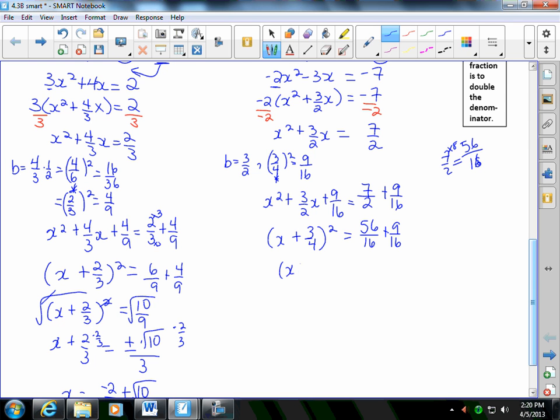So I have x plus 3/4 all squared is equal to 65 over 16. Now I'm at the square root property step. Square root my left side, square root my right side, square root cancel. So x plus 3 over 4 is equal to plus or minus square root of 65 over 4, because the square root of 16 is 4.